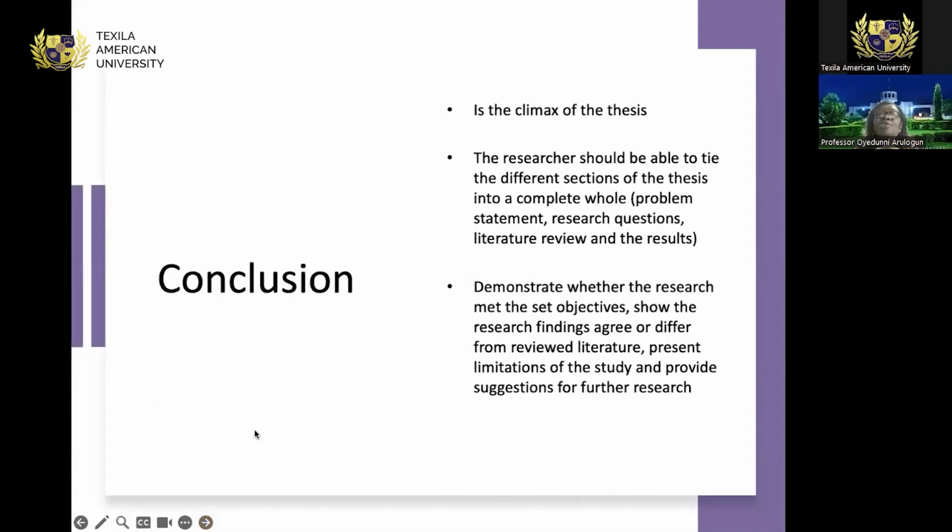And so the conclusion part of the study is the climax of the thesis, tying the different sections of the thesis together into a whole. So when we open the conclusion section of your thesis, you should start from the broad objective, the methodology, and the results. You'll be able to tie everything together in the conclusion.